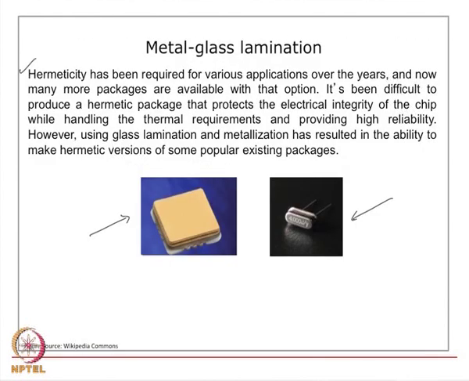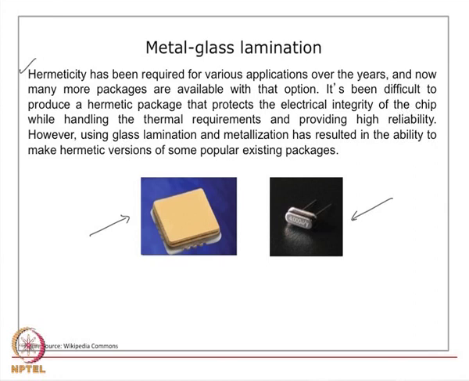Now, what is metal glass lamination, or in other terms hermetic sealing? I am going to introduce a term called hermetic sealing or hermeticity that is used for some types of packages. This technology has been there for a few years now.